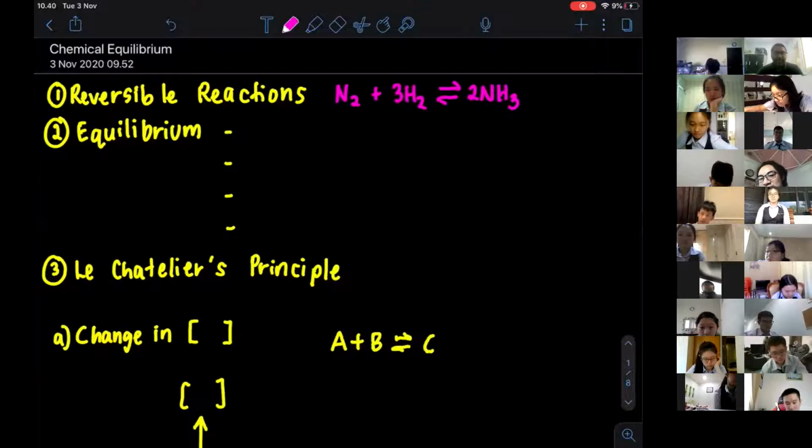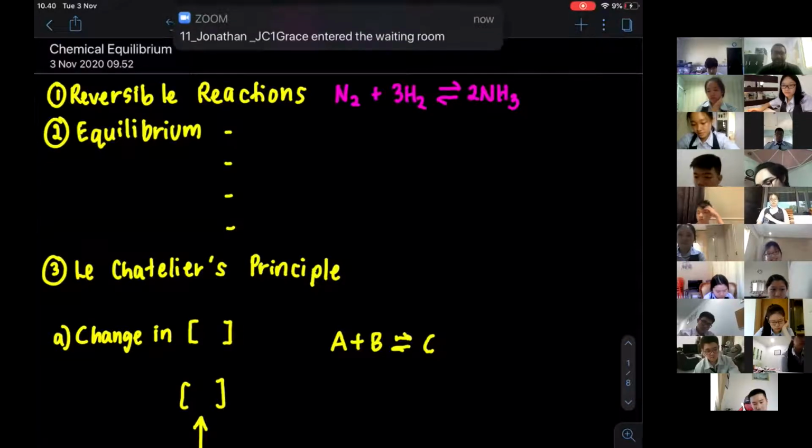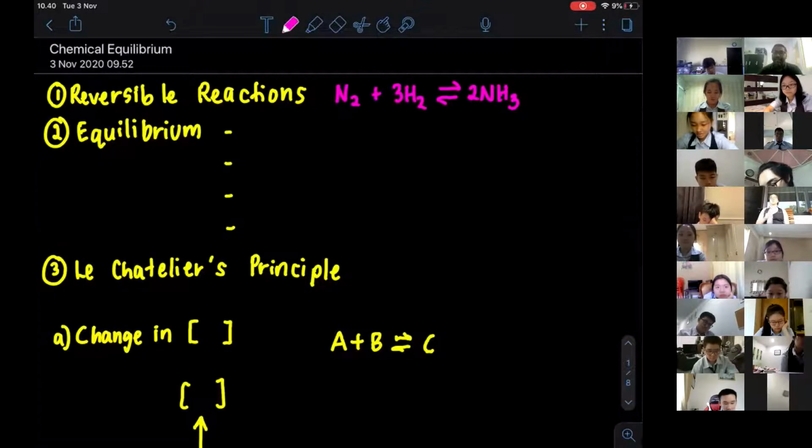So therefore, we say that the reaction is continuously happening, but it will reach a state where it is in equilibrium. So what are the points that we need to remember under equilibrium? When we say that this production of ammonia, this equation, has reached equilibrium, what are the criteria that it must have?